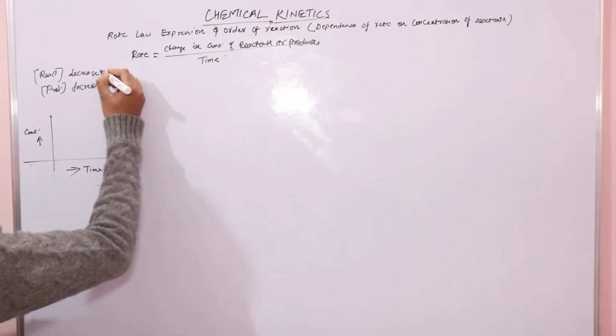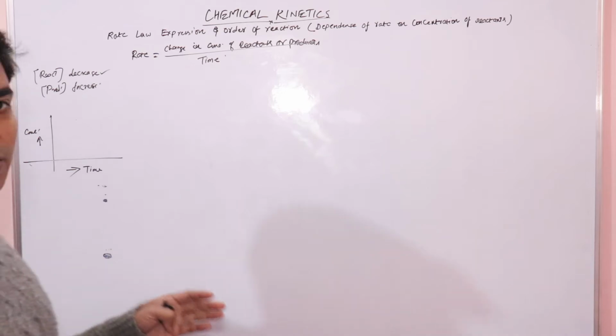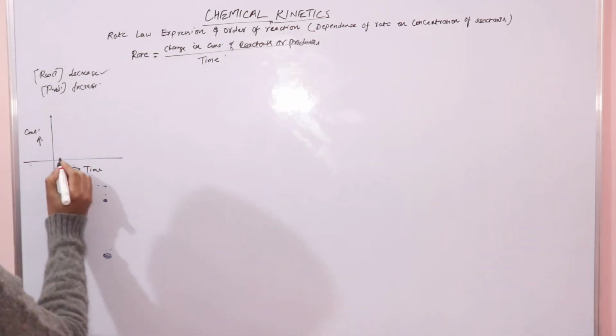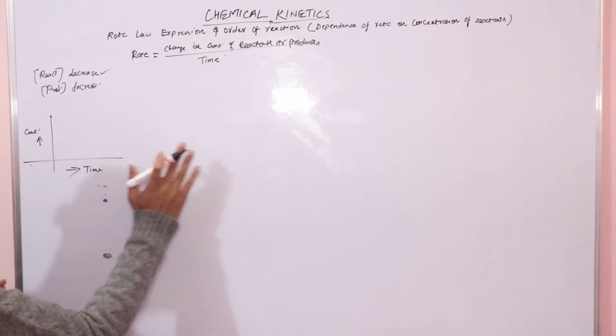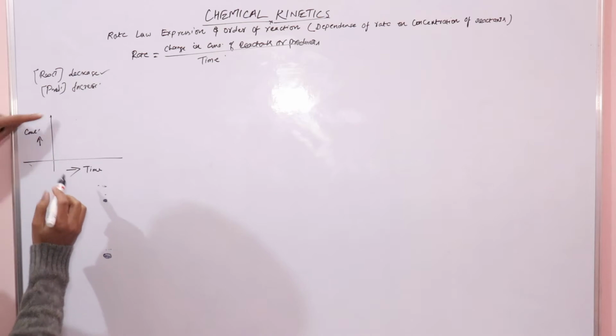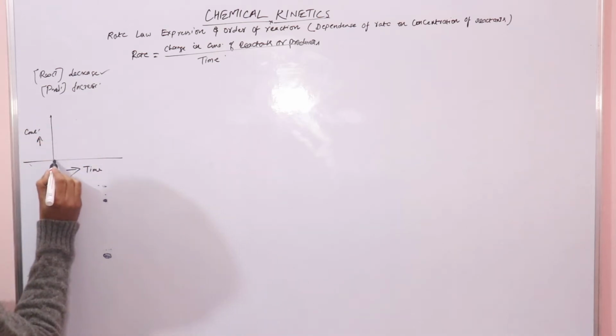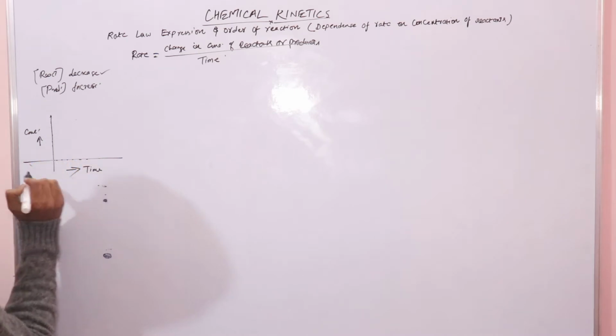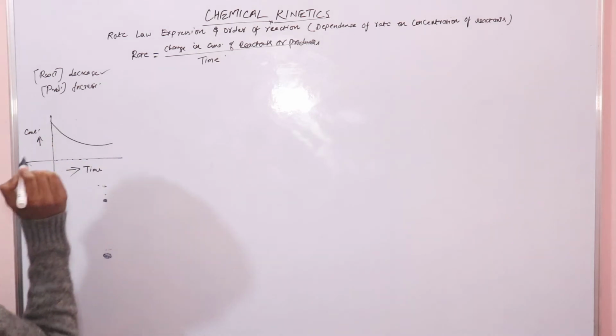We said that the concentration of reactants decreases with time. That means if I move towards the right on the time axis, the concentration of reactant will come down, right? So the graph will look like this.